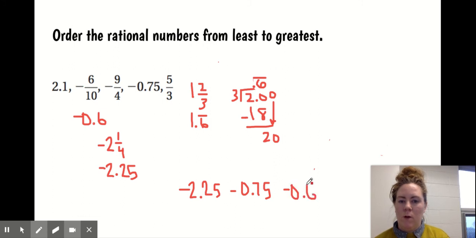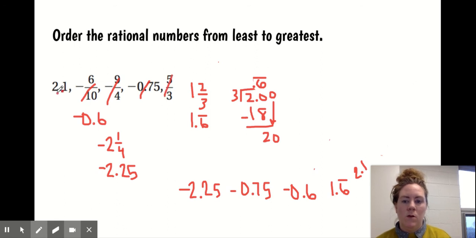And if you like to cross them off as you're using them, that's fine. I did this one, I did that one, I did that one. And then I'm going to jump up to 1.6 repeating. And then last but not least would be 0.1.